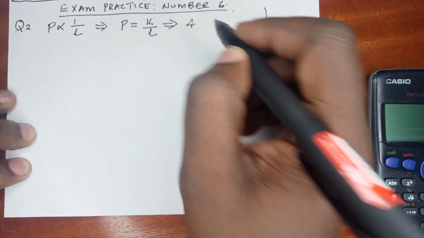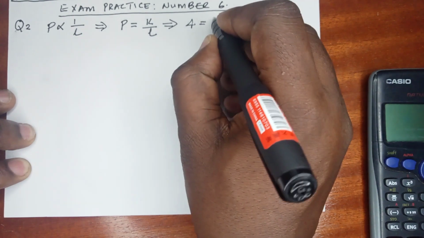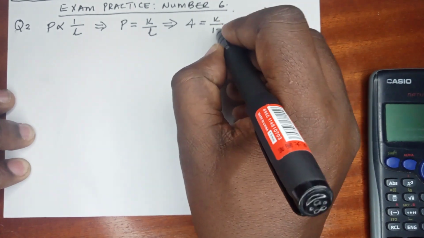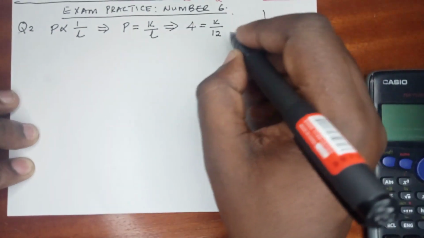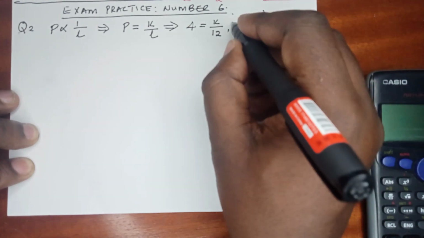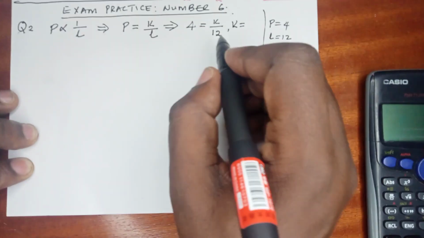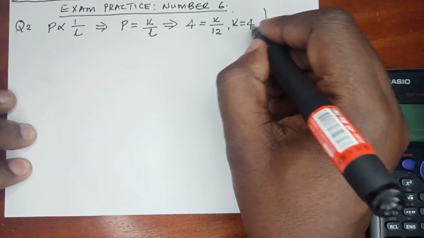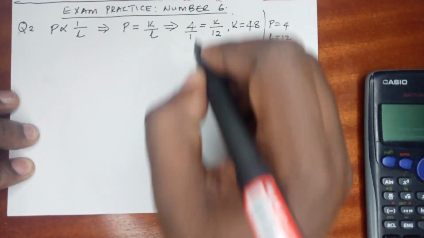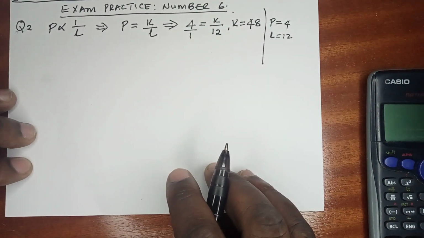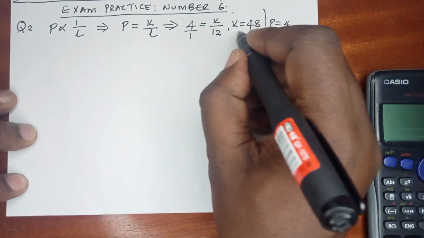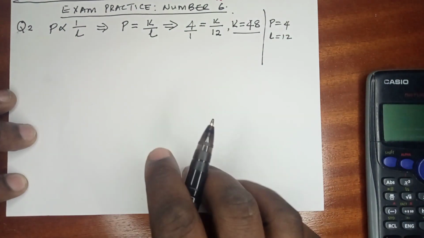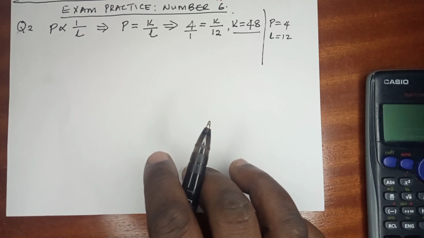So 4, the number of pages, is equal to K over 12. You can already see that K is equal to 4 times 12, which is 48, because naturally 4 is 4 over 1. So our constant of proportionality is now known to be 48.